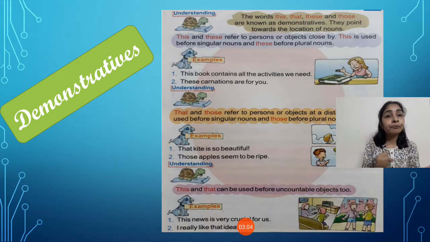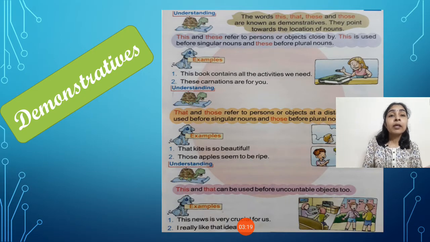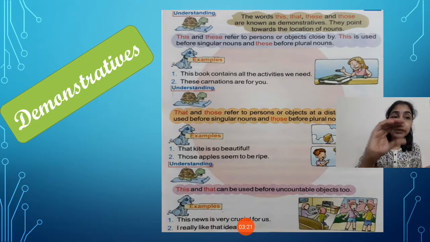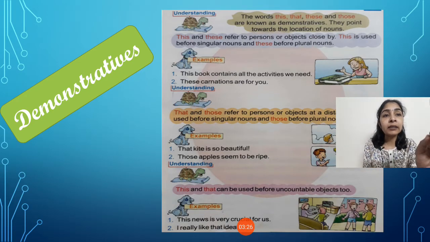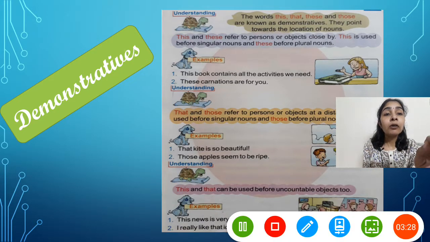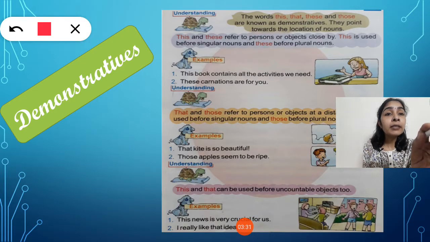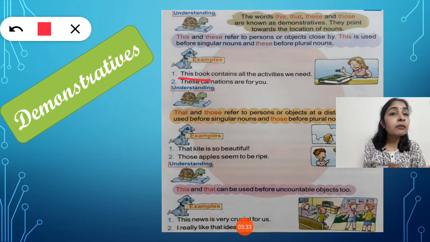Now let us see a few examples. "This book contains all the activities we need." Generally we are confused between demonstratives as determiners and as pronouns. In this example, if we look at "this book", we see that "this" is followed by a noun.